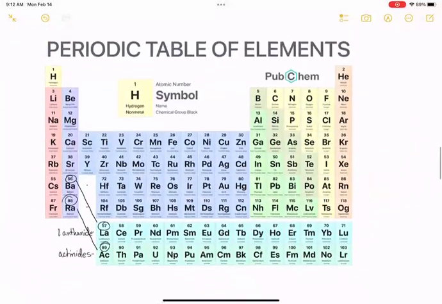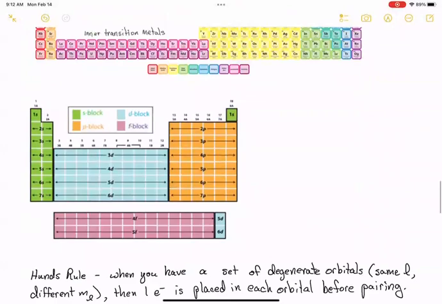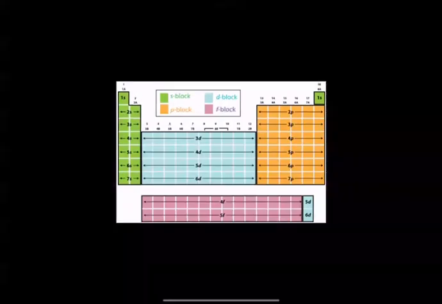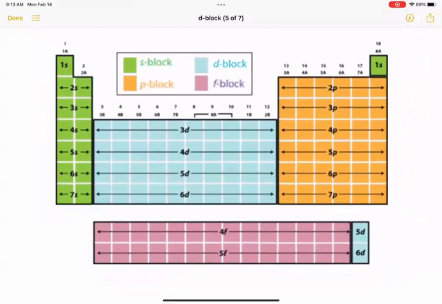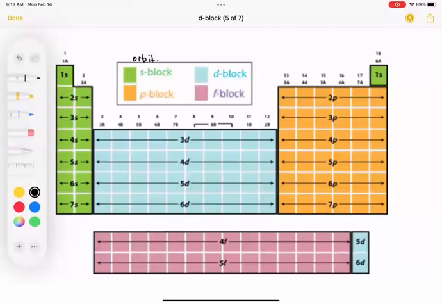So before we get into how it's all embedded and the energy levels and everything else, I want you to think back, and I want us to talk about orbitals and the number of electrons.